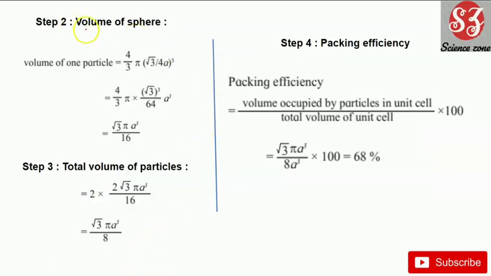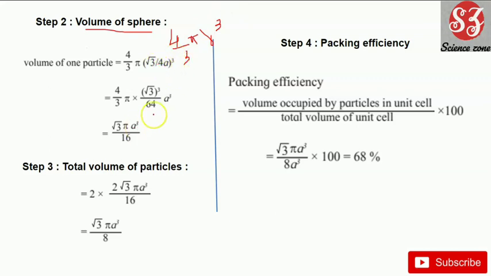Next is to find out the volume of sphere. So the volume of sphere, you know the formula, 4 by 3 pi R cube. Now you have to substitute the value for R cube, that is under root 3 by 4A cube.